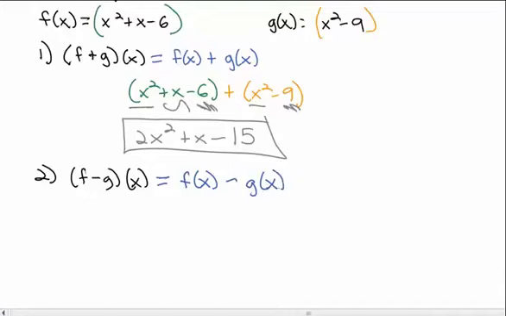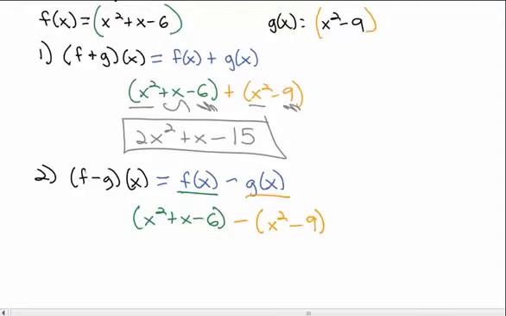And again, if we had the numbers, we could plug those in for f and plug them into g and then subtract the answers. Or in this case, we've got the functions. So f of x gets replaced with, parentheses again, x squared plus x minus 6. And the g of x gets replaced minus, in parentheses again, with x squared minus 9.